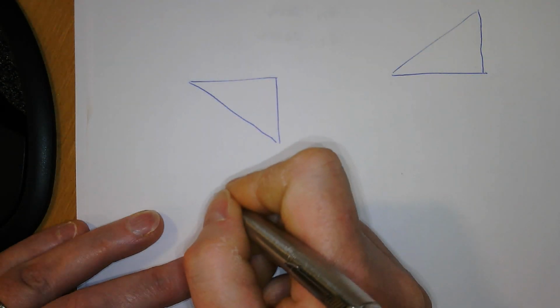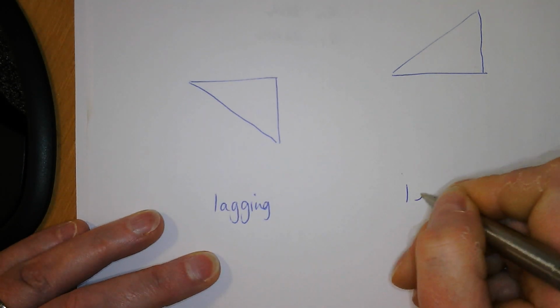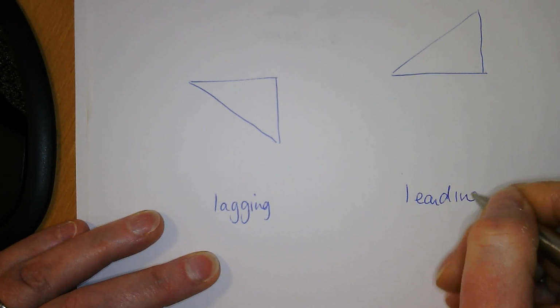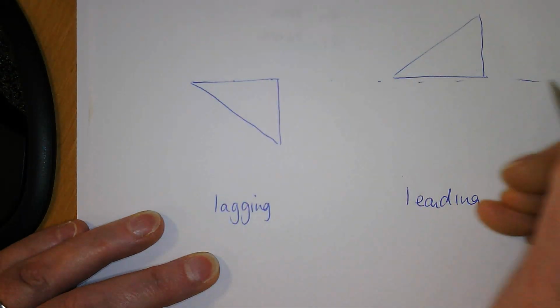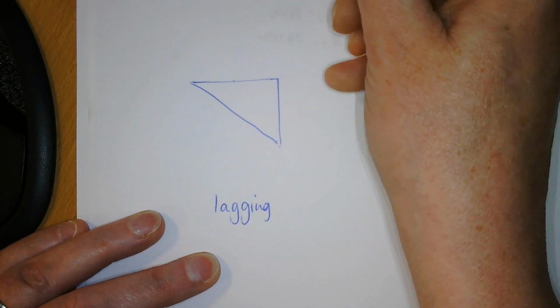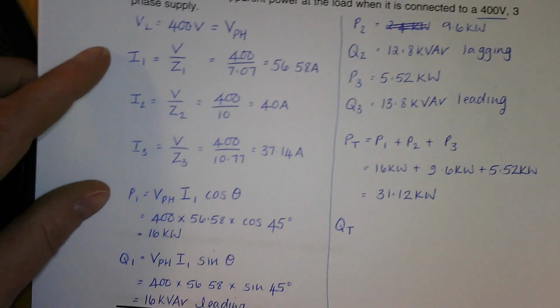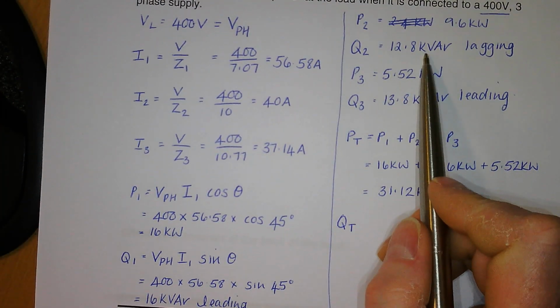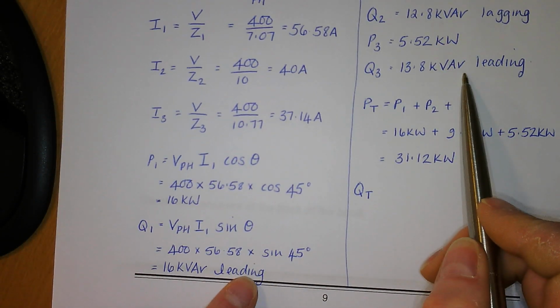So if you decided that was your convention for lagging, then that would be it for leading, going in the opposite direction. So your P's add up, going straight along the horizontal axis. But your Q's, lagging Q's will take you down, leading Q's will take you up. So when you look at your Q's for your answer, lagging Q's will take you down, leading Q's will take you back up again.